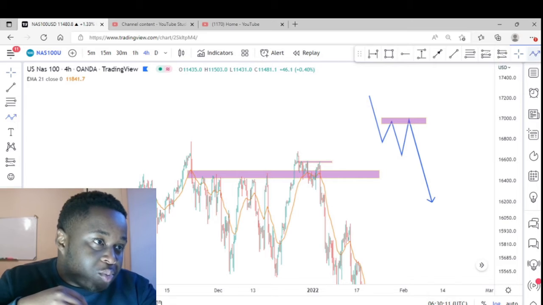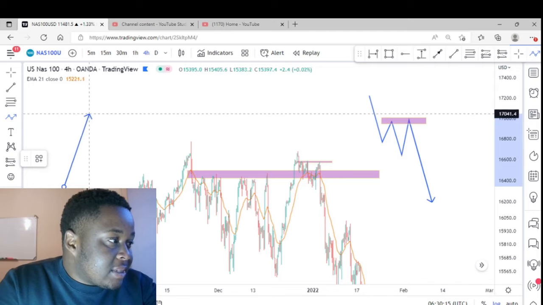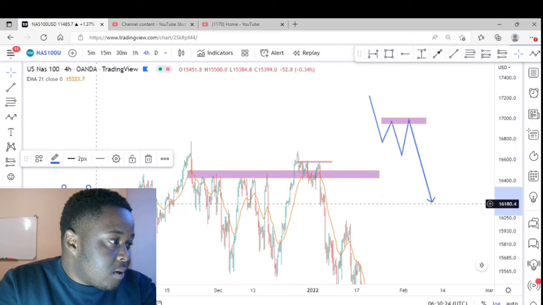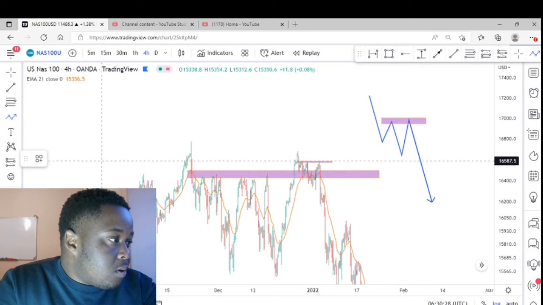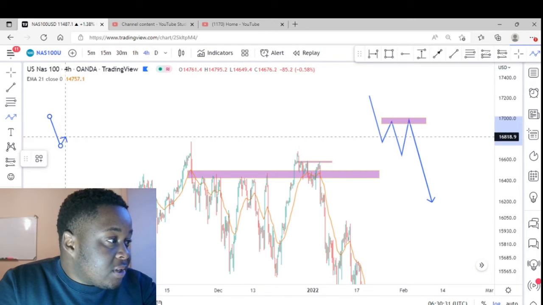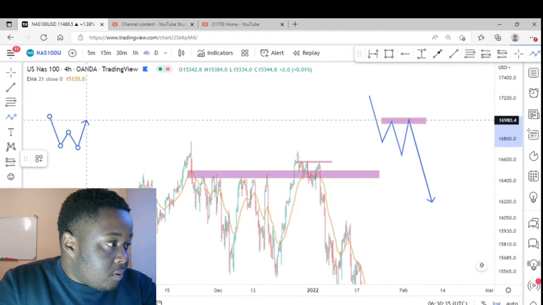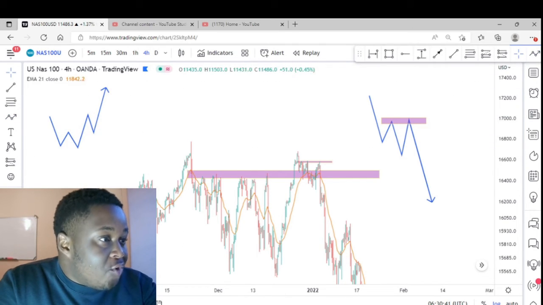Let me make an example between a retest and an exhaustion. A retest is usually like this, a double bottom. Sorry, I just did it wrong. This is a retest.